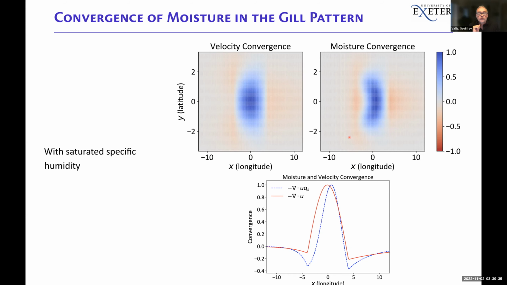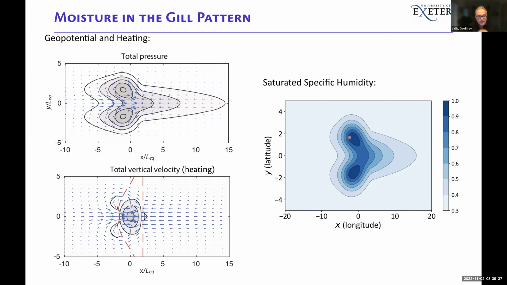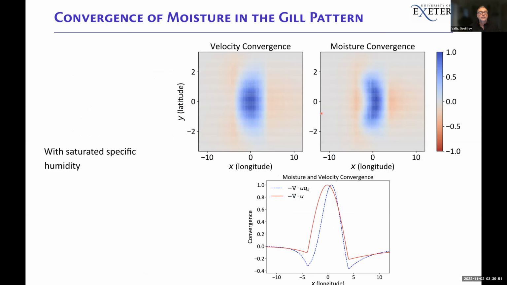So here, I've just taken these exact fields, taken the analytic Gill model, and this is the saturated specific humidity, which is also calculated analytically. And then I calculate what the velocity convergence is and what the moisture convergence is of these two patterns.